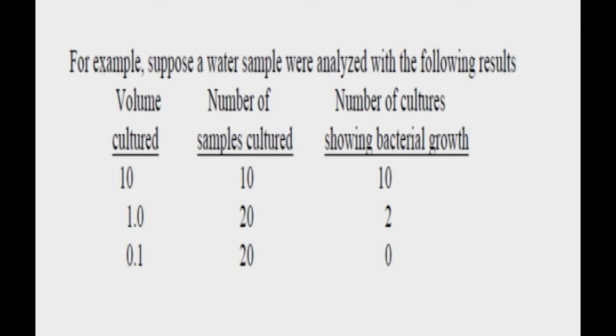And volume cultured 0.1, number of samples cultured 20, and number of cultures showing growth 0. Since the smallest sample size that yielded growth was 1 ml and growth occurred in 2 out of the 20 samples tested, the number of bacteria in the original could be calculated as 2 cells per 20 ml, that is 5 cells per 100 ml.